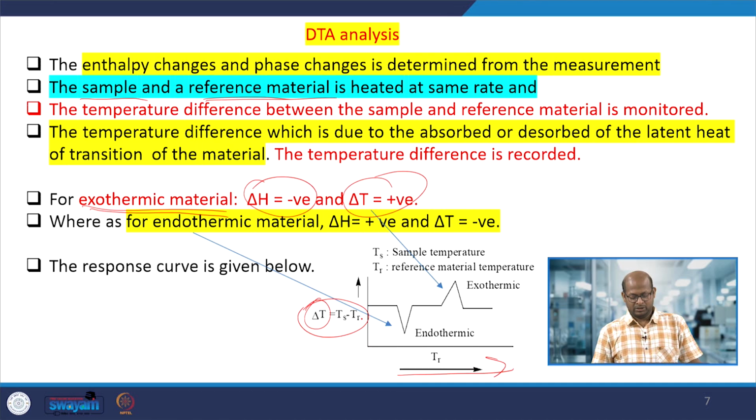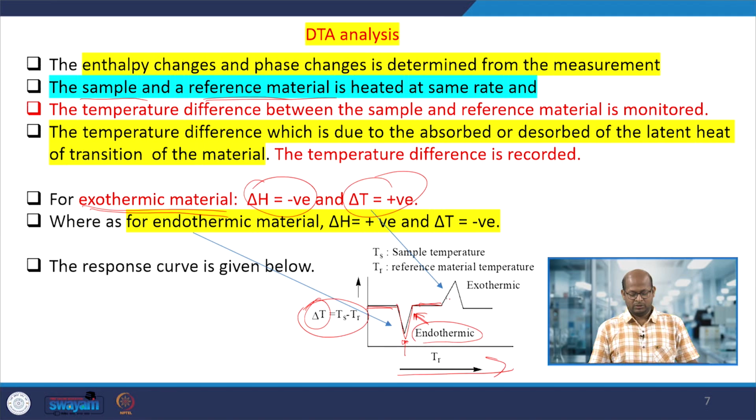If initially there is no change, and after that it drops at this particular temperature, then we can say the material is endothermic, meaning it is gaining heat from the source or heat supply.